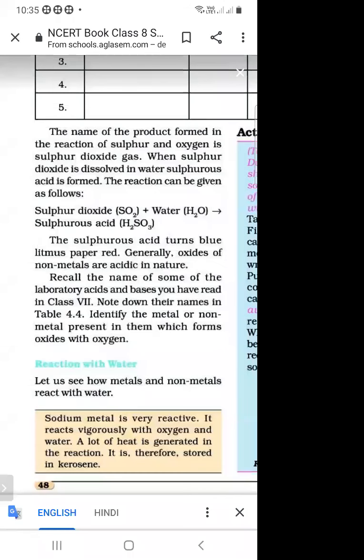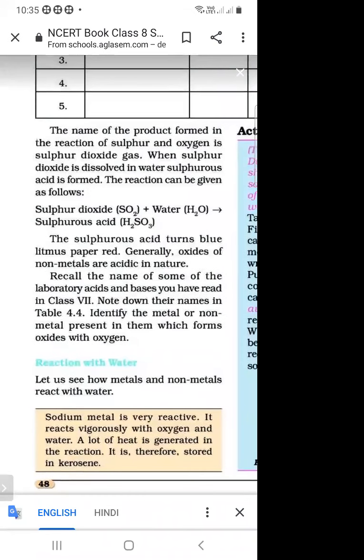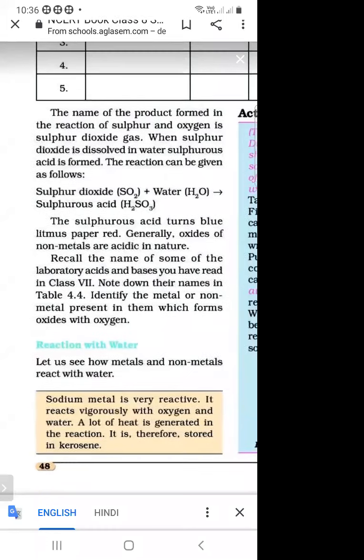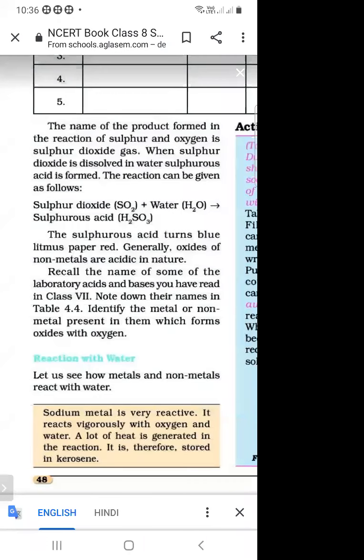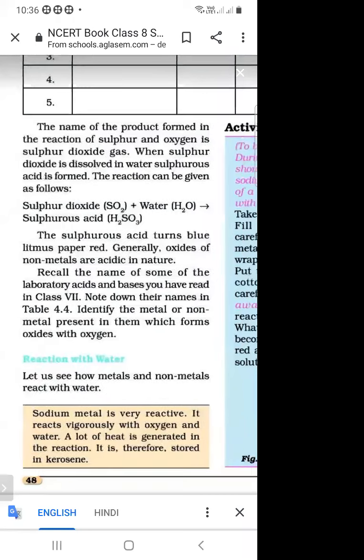This is a question: why do we keep sodium metal in kerosene? Sodium is very reactive, and when it reacts with air and water, a lot of heat is generated. This reaction is called an exothermic reaction, a reaction in which a lot of heat is generated. So we keep sodium metal in kerosene.